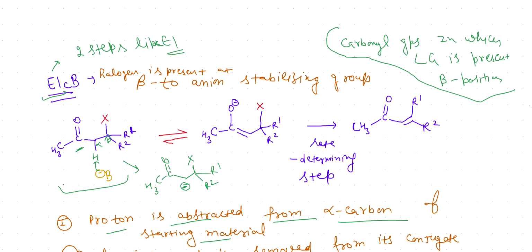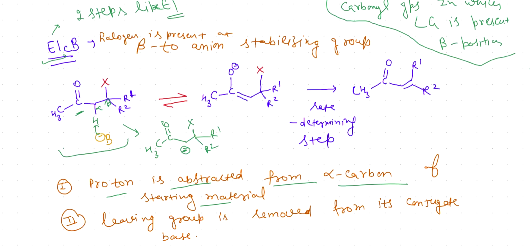But further this anion is stabilized. It undergoes resonance, thus forming another intermediate, that is the enolate. When there is a double bond between carbons and a single bond between carbon and oxygen, which acquires the negative charge, this is known as an enolate.